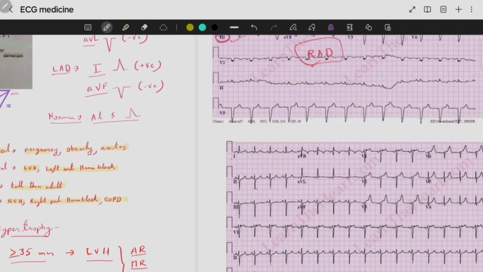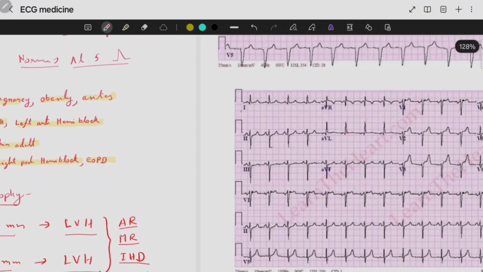Okay, clear? Now see this ECG. Here the longest is this. It is almost 13 small boxes and it is almost 12 small boxes. It is 10 small boxes and here it is almost 9 small boxes. So the top 2 highest QRS complexes are lead 3 and aVF, but they are negative.